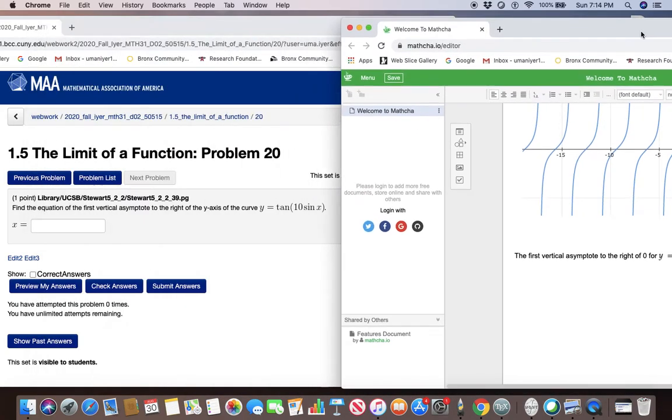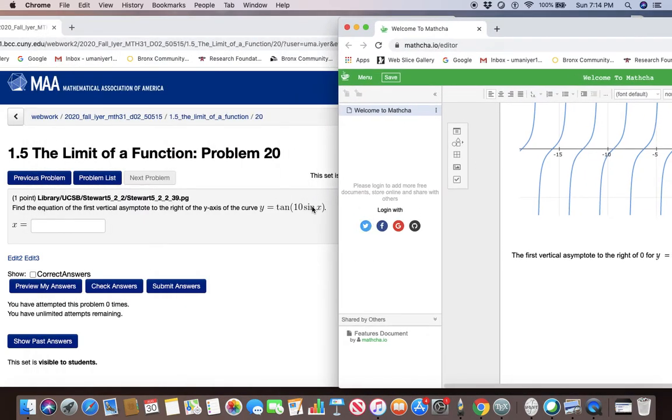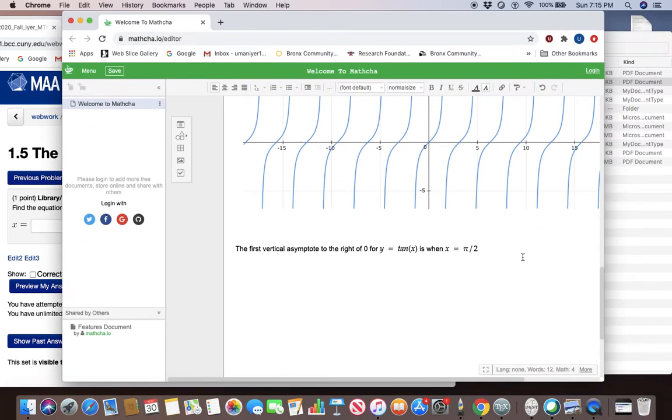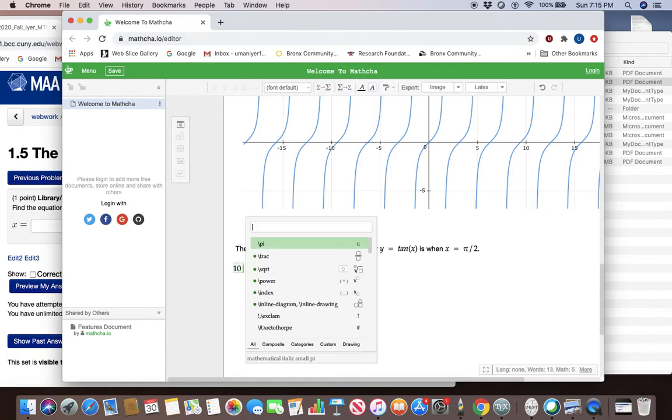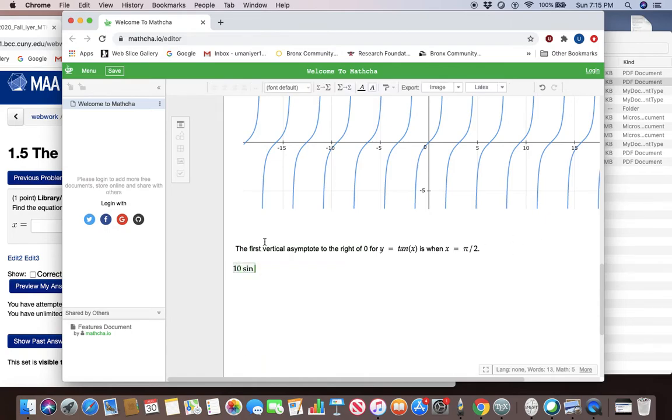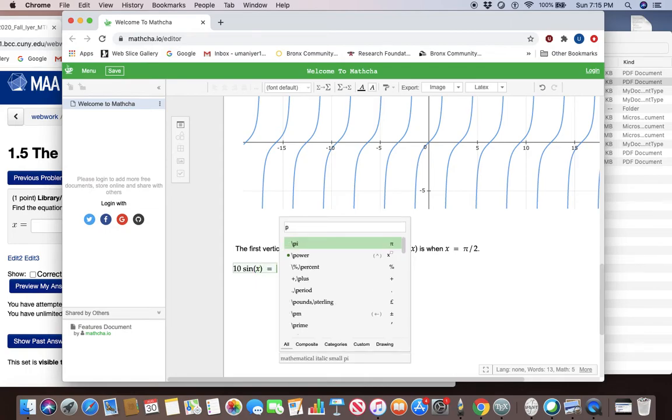Now, we don't have simply the tan function. We have tan of 10 sine x. In other words, you want 10 sine x to be equal to pi over 2.